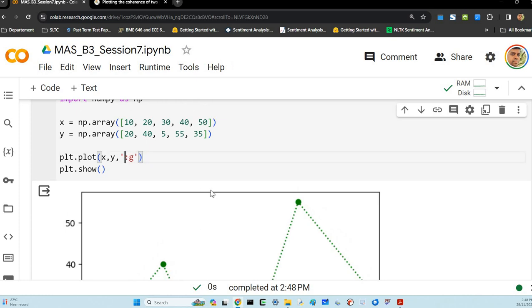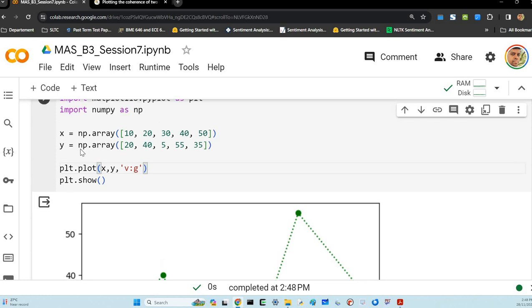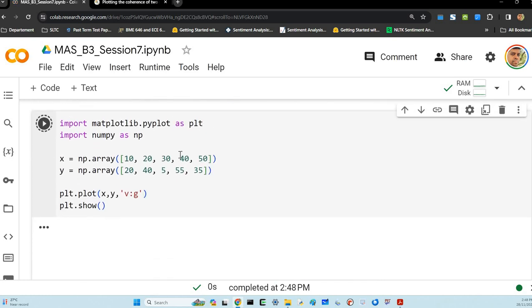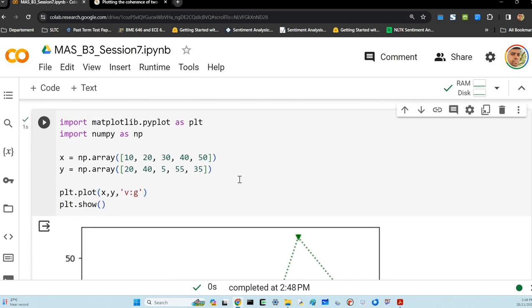Let me put V. Yes, you got how to change the color, line type, right, and the marker.